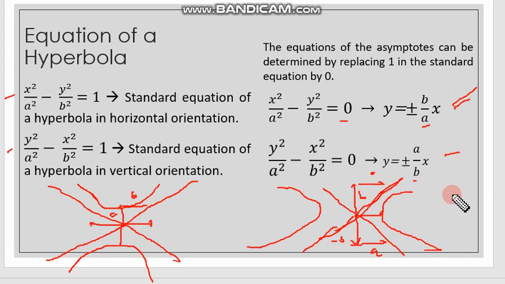So a over b. It is positive here for this asymptote, but on the right side, the rise is downward and the run is to the right side. So negative a over b x. So remember that if the orientation of our hyperbola is horizontal, it is b over a x. If our standard equation is vertical, it is a over b x.